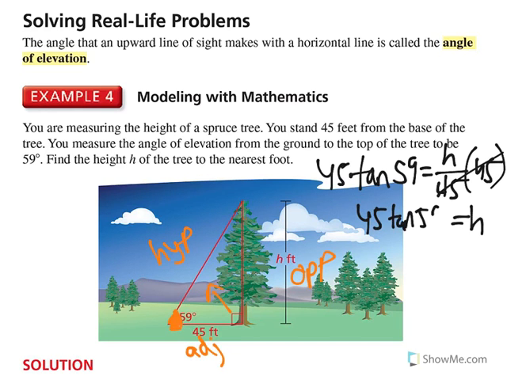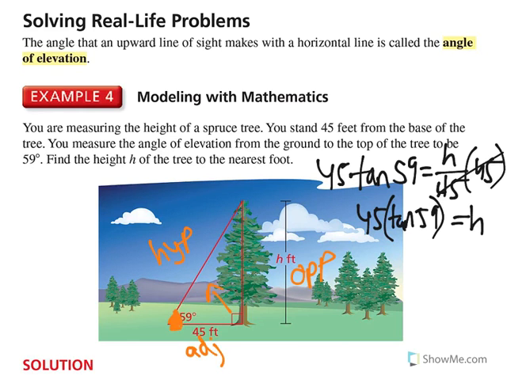of 59. So when you type this in, this is like one big thing. It's being multiplied. When I have that 45 outside the tangent, it's being multiplied with the tangent of 59. Okay, tangent works like a function, and so we're taking the tangent of 59 degrees. And so when you type this in, you're going to type in your calculator.